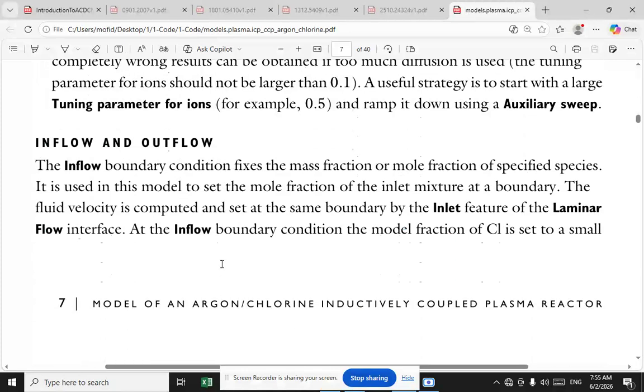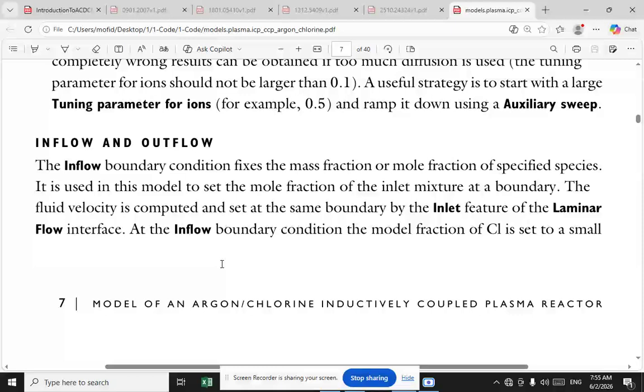Now I want to go through the inflow and outflow. The inflow boundary condition fixes the mass fraction or mole fraction of a specified species. It is used in this model to set the mole fraction of the inlet mixture at the boundary. The fluid velocity is computed and set at the same boundary by the inlet feature of the laminar flow interface.